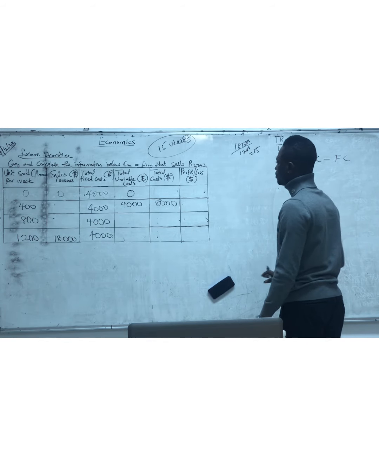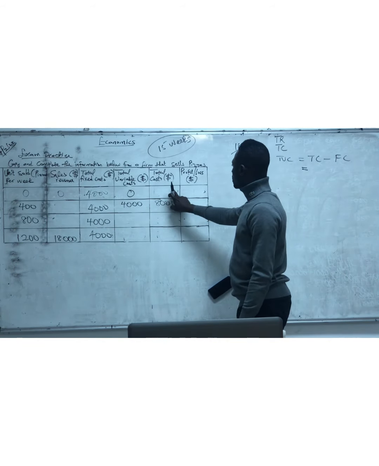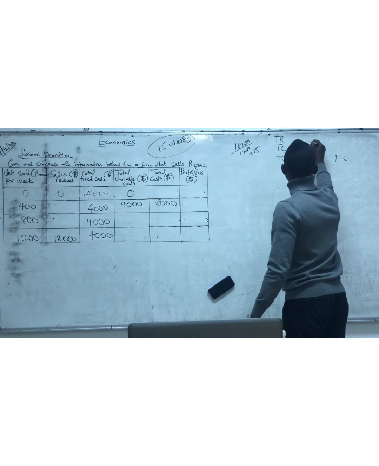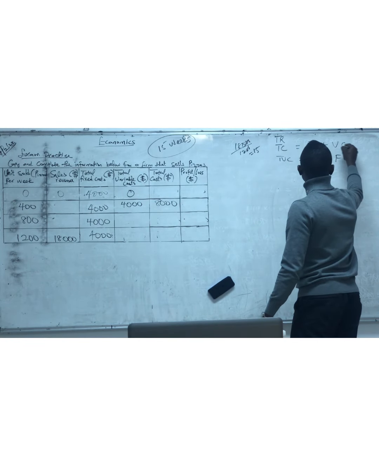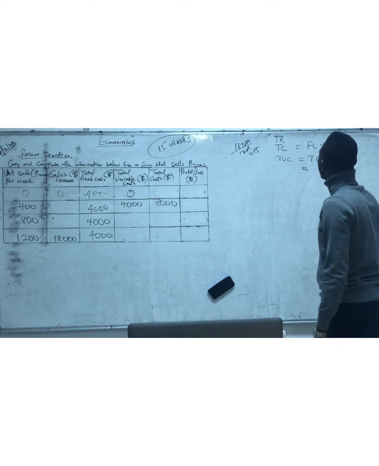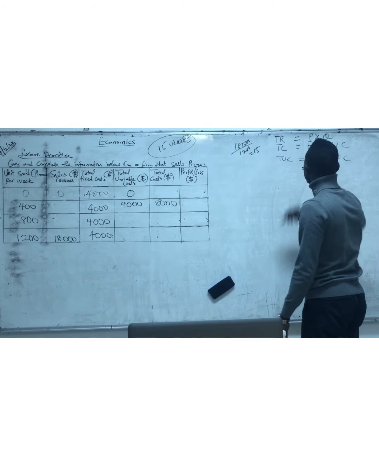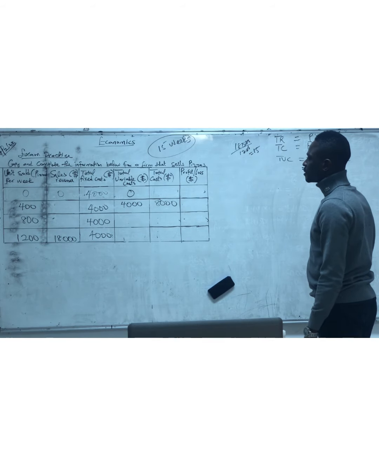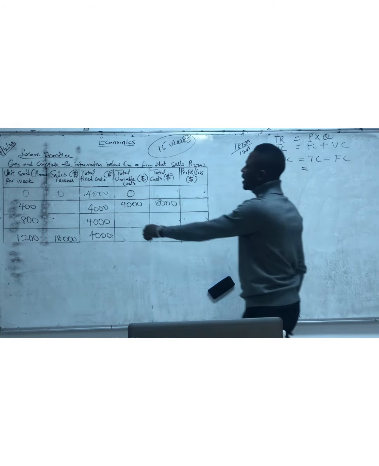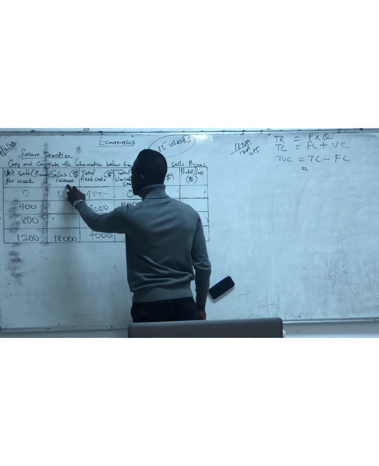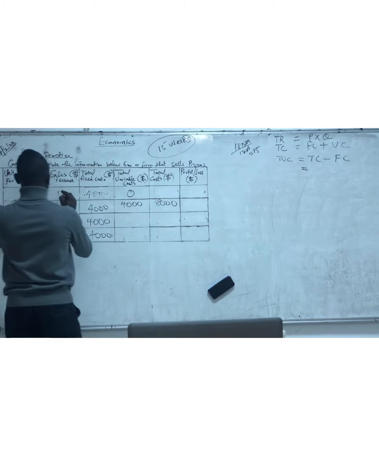TC is FC plus VC. TR is price times quantity. So our TR here, the sales revenue here, is this multiplied by 15.